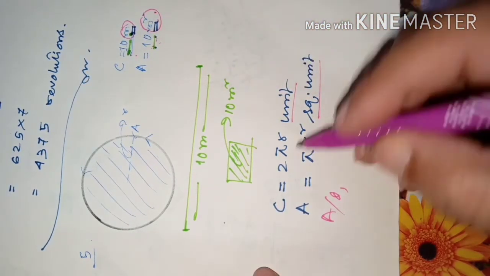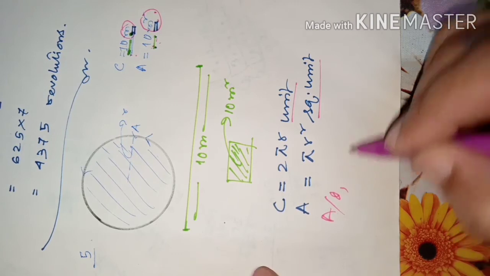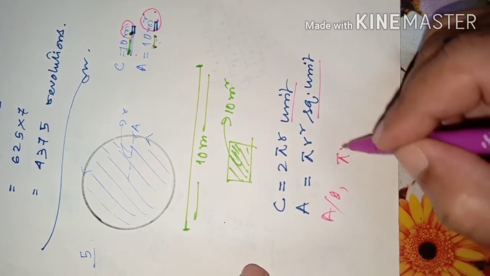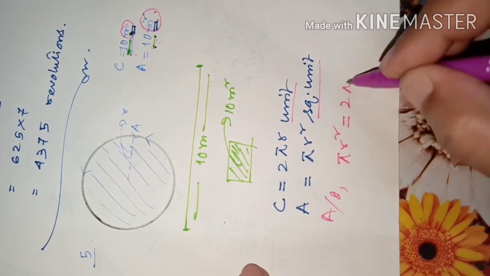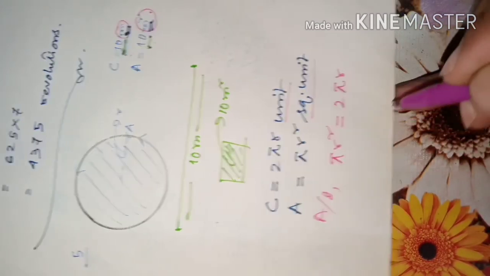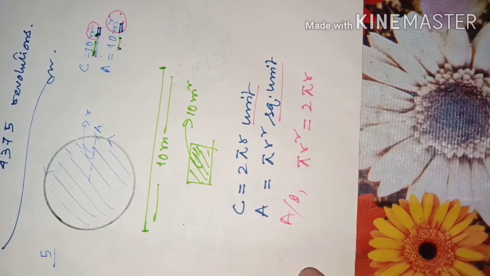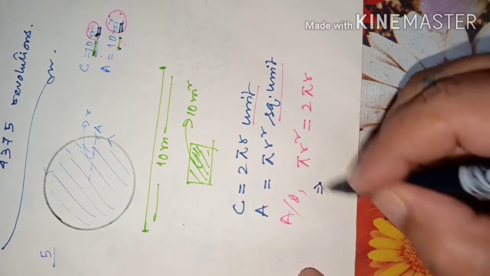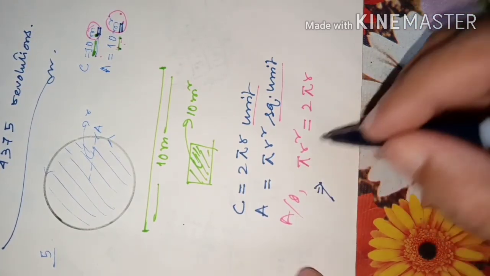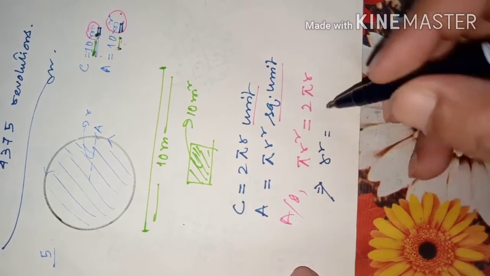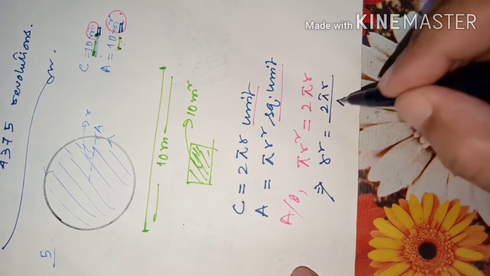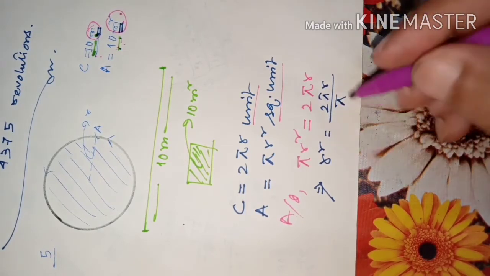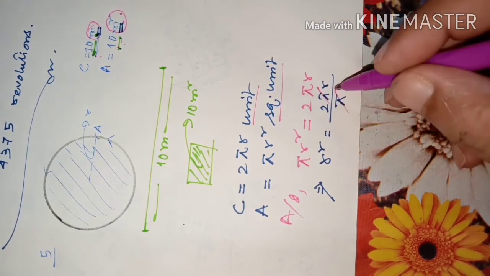So pi r square is numerically equal to 2 pi r. Then students, just think, in both sides pi is there or not? If we take this pi to that side, r square will be equal to 2 pi r divided by pi. Then pi gets cancelled. What remains? 2r.